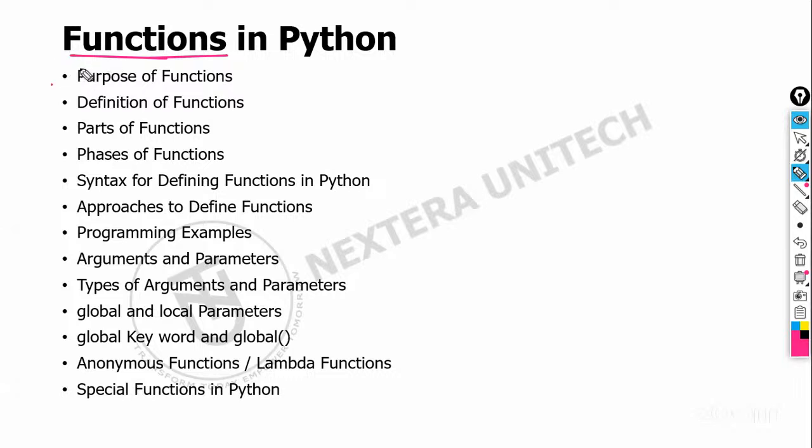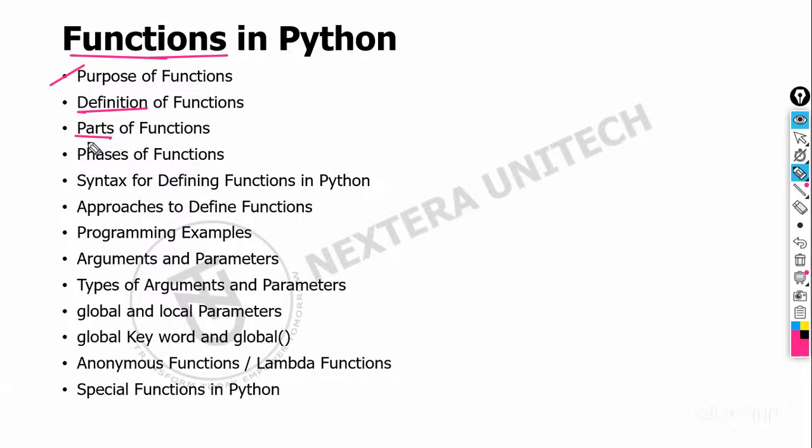The purpose of using a function, then followed by the definition of a function. What exactly is a function? We'll understand, followed by the parts. What are the parts that we have in a function? In Python function, we'll have some parts.